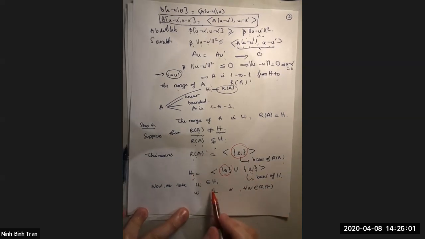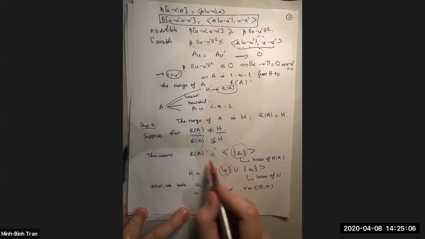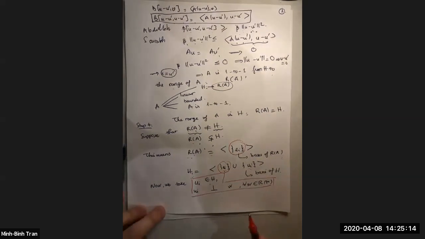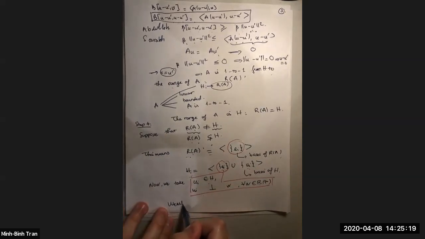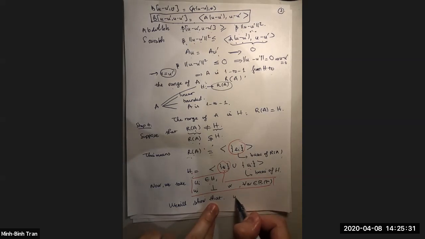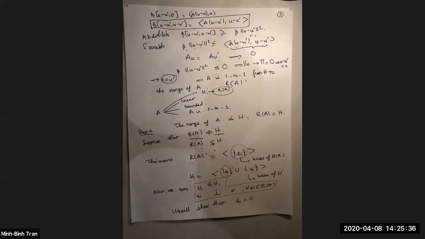So this UI will be in H, but it is going to be orthogonal to all of the vectors that you have in this vector space A, right? And we're going to show that UI will be 0, right? Is it clear?